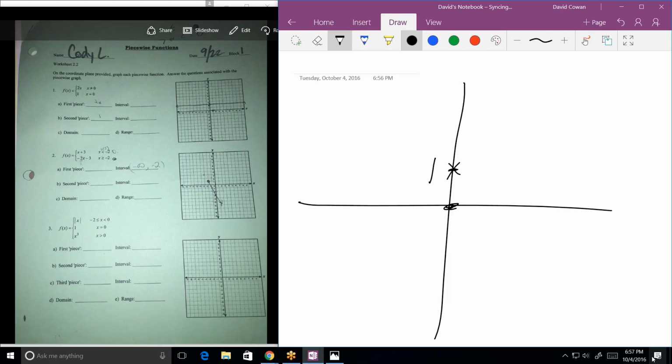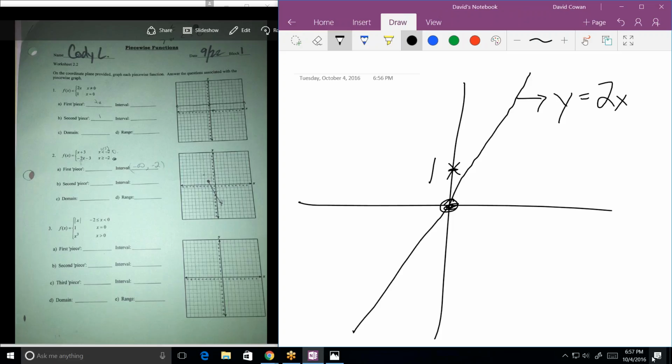And when x is not equal to 0, well, the function is 2x. Well, what is that? 2x graphs like that. 2x goes through the origin, and it has a slope of 2. That's y equal 2x. So the hole right there, because it's only that function when x is not 0.